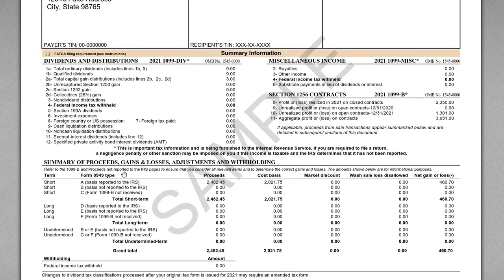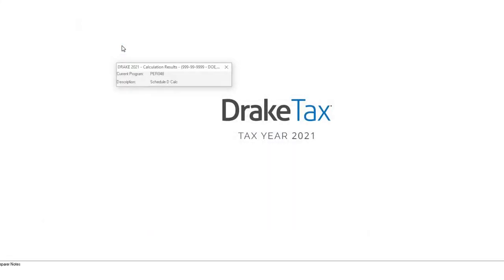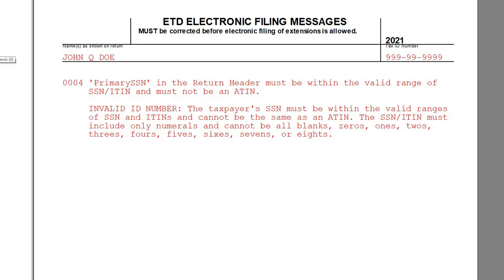So the next section here is the gains and losses on the sales of these stocks. Okay, so there's a couple of reporting pieces here. Now, if you have stock sales where you have box A checked here, so these are short or long-term sales, basis is being reported to the IRS, and you have no adjustments, then on your Schedule D, sorry, let me open it really quickly here again.